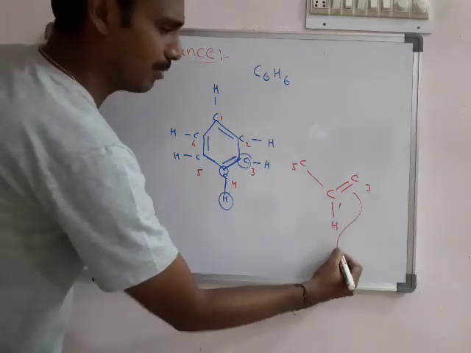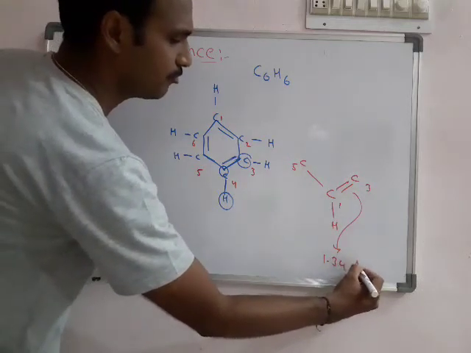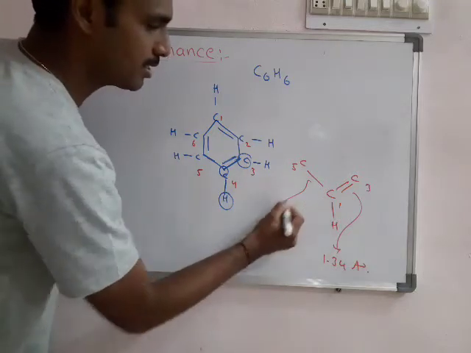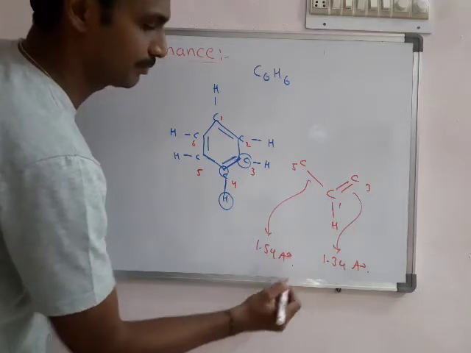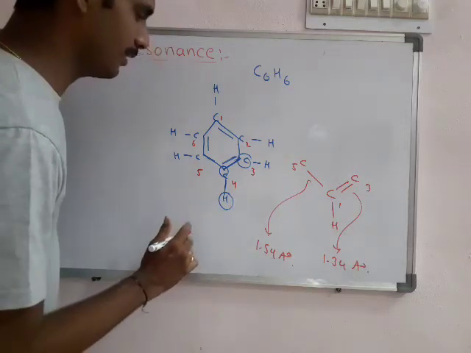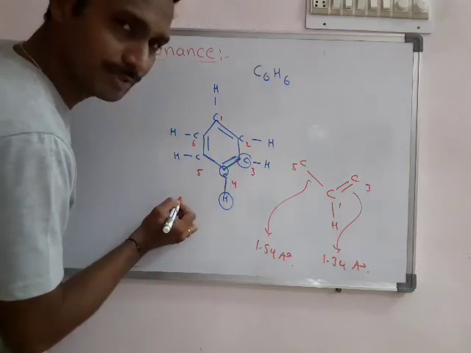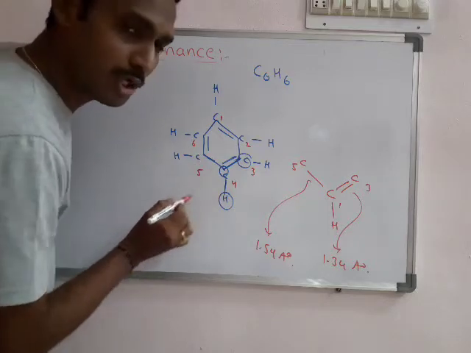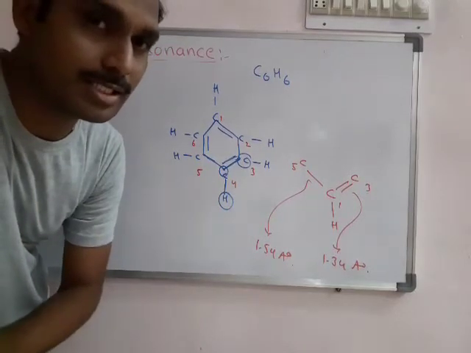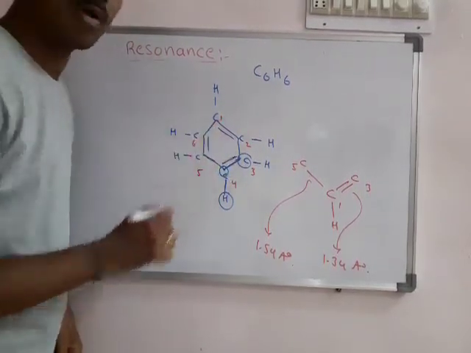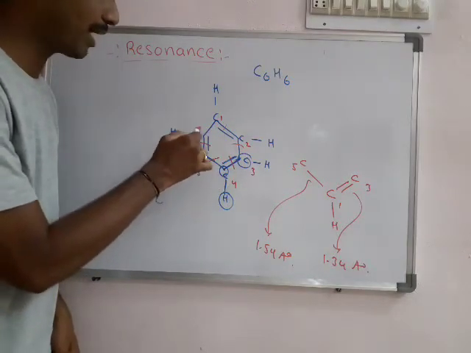So we can expect the bond length. What is the C double bond C length generally? 1.34 angstroms. What is the C single bond length generally? 1.54 angstroms. In total how many carbon-carbon bonds are present? 1, 2, 3, 4, 5, 6.